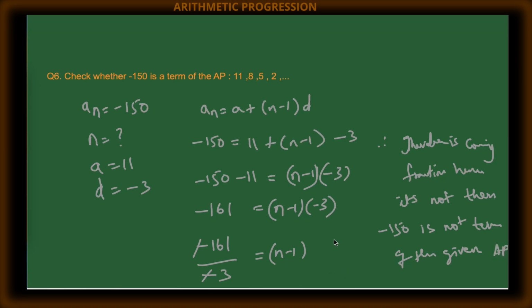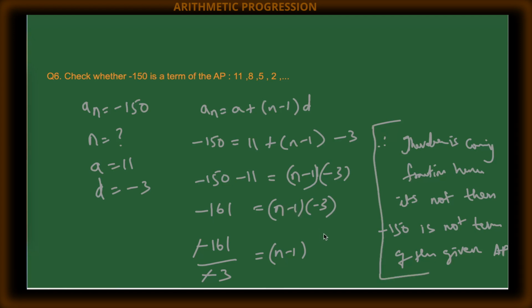Why? Because the position of a term cannot be a fraction or negative. So you cannot say a quarter position, or minus 10 position. It can be the 10th position or the second position. It cannot be the 0.1 position. So this is the reason why we are saying this particular term does not belong to the given arithmetic progression.